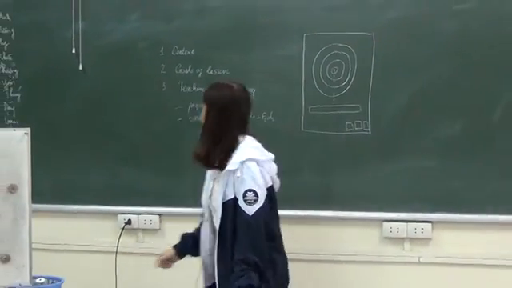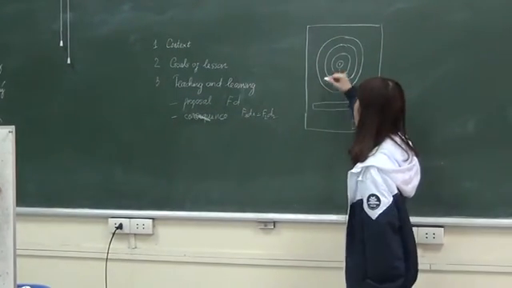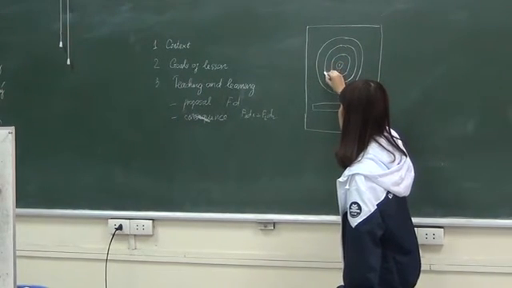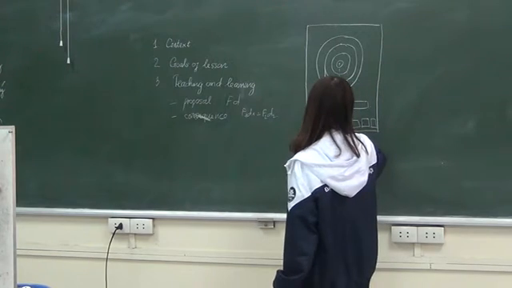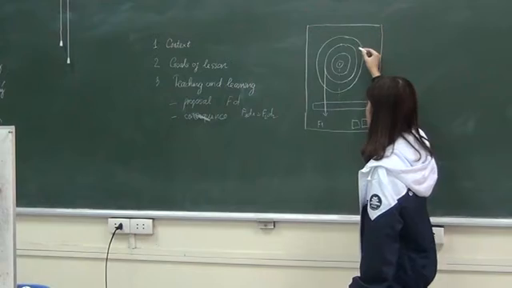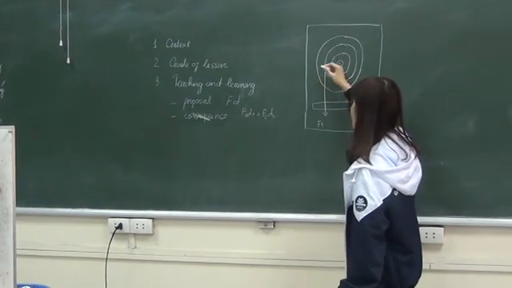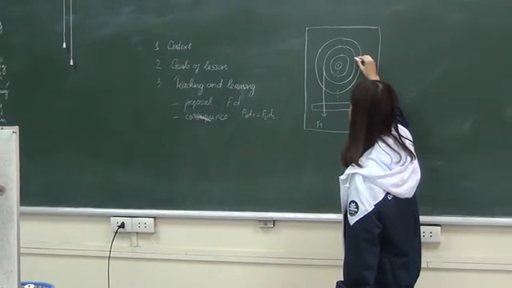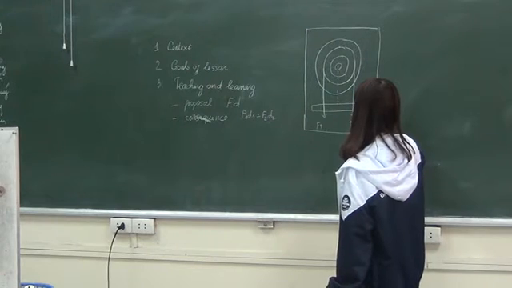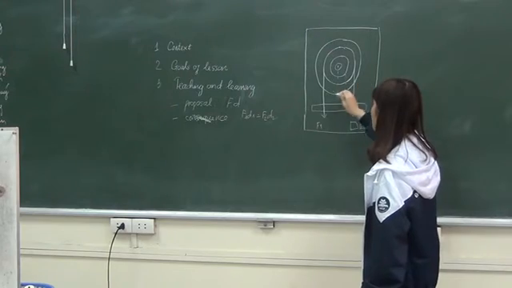About the process of the experiment: first, we hang mass on one side of the disc to make F1. We see the disc rotate counterclockwise. Second, we keep F1 and hang mass on the other side of the disc. We have F2, and we see F2 makes the disc rotate clockwise.